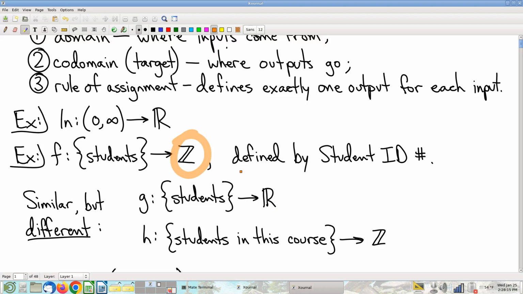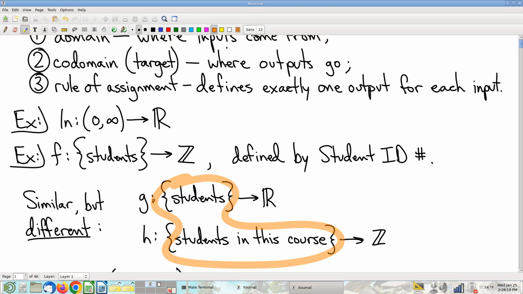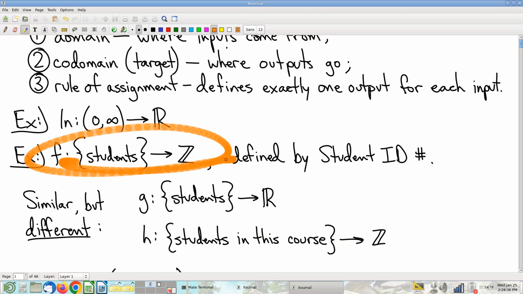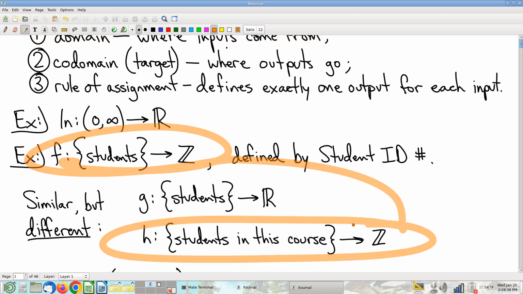Okay, all right. You can also change the domain. Instead of looking at all students at Duke, I could say, well, let's look at just the students that are in this classroom right here. Just us right here. Every student in this classroom has a student ID number. And so comparing this and this, F and H, same rule of assignment, same target, different domains.